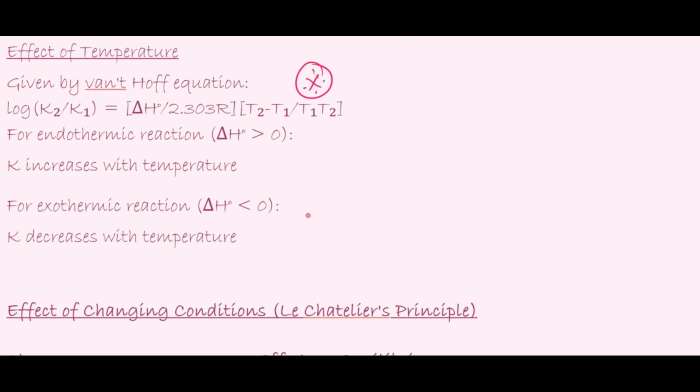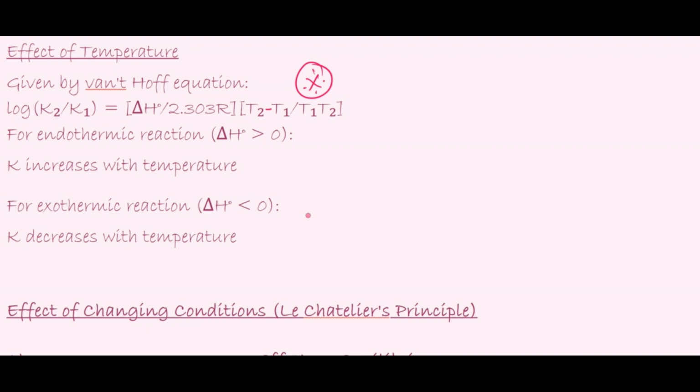Then talking about temperatures T1 and T2, the numerator is T2 minus T1 and the denominator is T1 into T2. Sometimes they will ask for the second temperature, sometimes the first temperature. So please be careful with this.